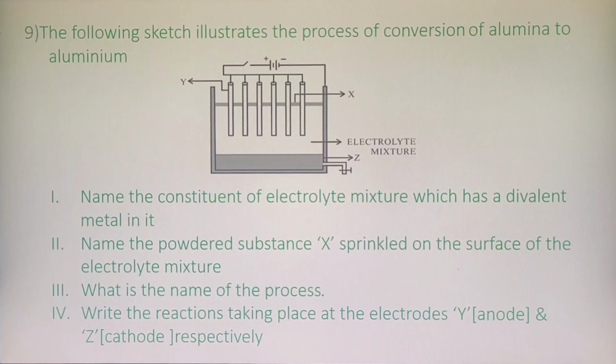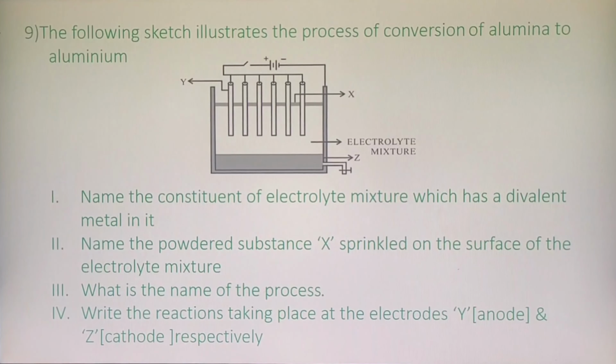You should know the valency of aluminium. What is the valency of aluminium? 3+. It's a trivalent metal. Which is the next element? We have oxygen. How many atoms of oxygen? 3. What is the valency of oxygen, children? It is O2-. Clear? So Al2O3 will decompose to give me 2Al3+ plus 3O2-.